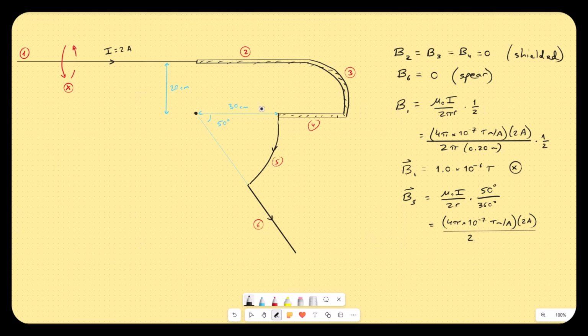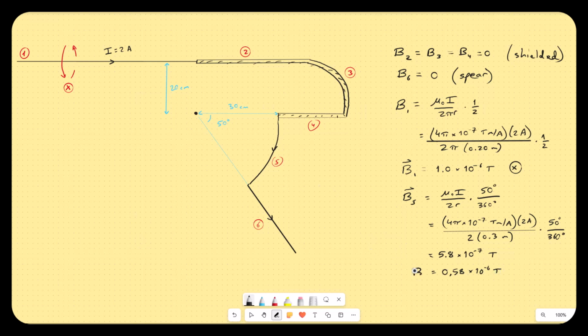The radius now is 30 centimeters, so 0.3 meters. And I'm going to multiply this by 50 over 360. When I do all of that, I end up with a field of 5.8 times 10 to the minus 7th. Or if you like, 0.58 times 10 to the minus 6th Tesla, which is not proper scientific notation, but I'm doing it for a reason.